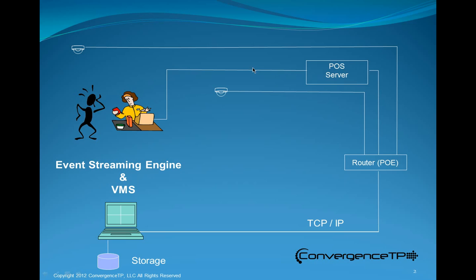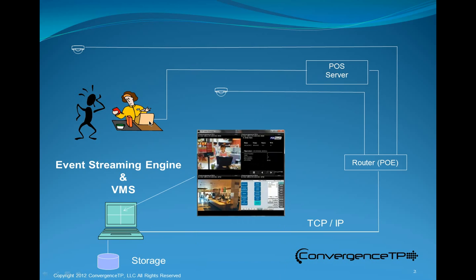This slide represents a typical POS application with cameras associated with the workstation, as well as some of the network infrastructure and the VMS system illustrated here. When the operator enters a transaction, a copy of that transaction is sent to the ConvergenceTP event streaming engine. The event streaming engine renders the IP packet text into an industry standard access compliant camera stream.